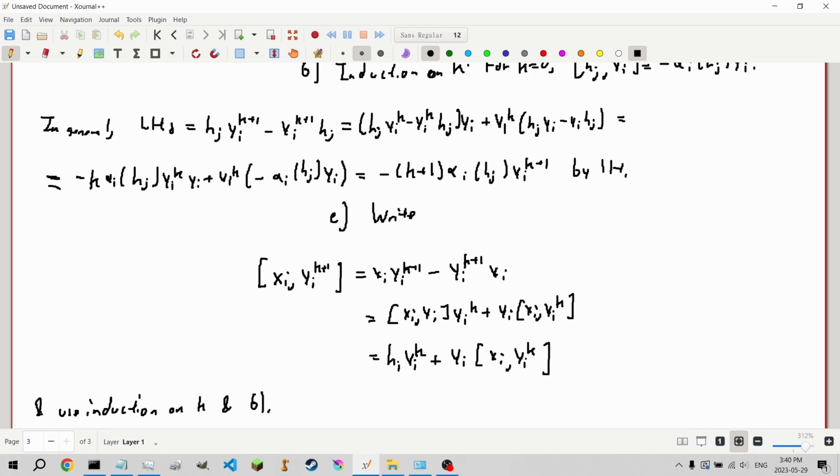Now with this we can look at our proof of the theorem. So we want to show that the set of weights of V is permuted by the Weyl group, so it's going to make it finite.